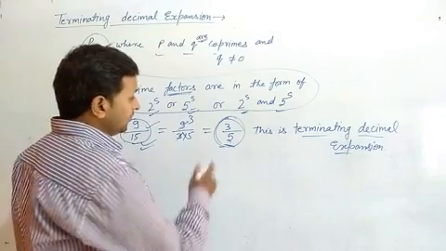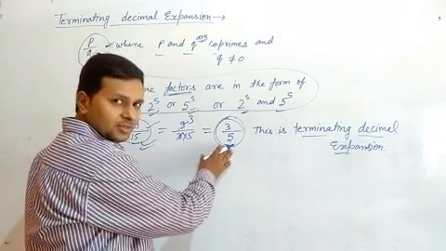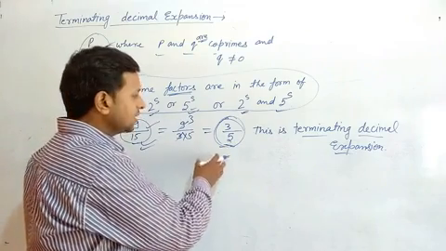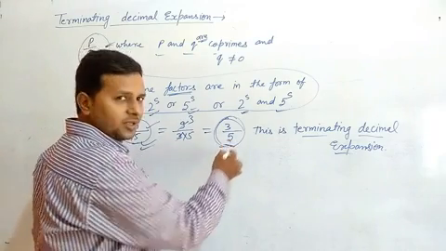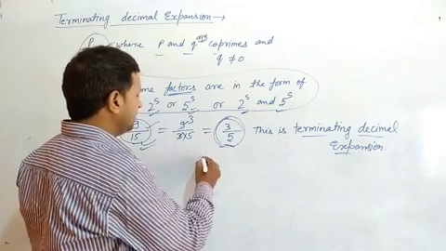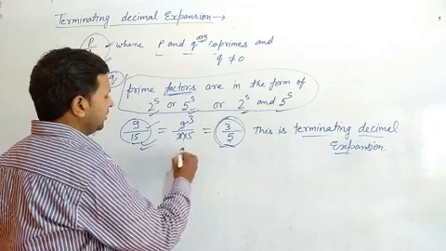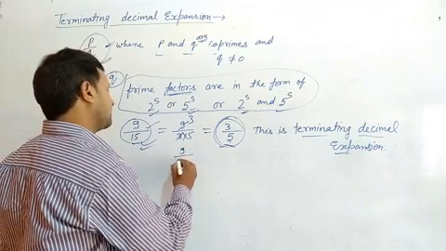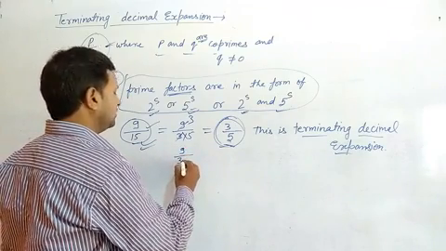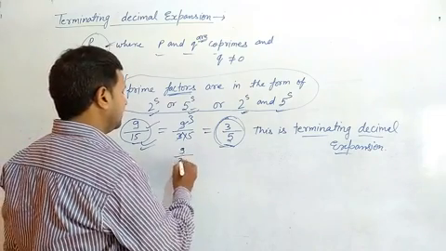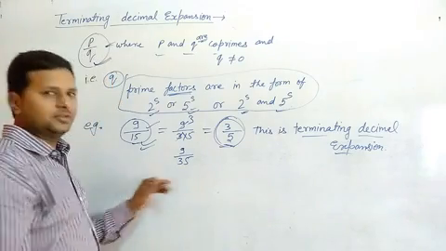Okay, if other terms also come here, like into 3, like into 7. Suppose that 9 upon 35, like this.